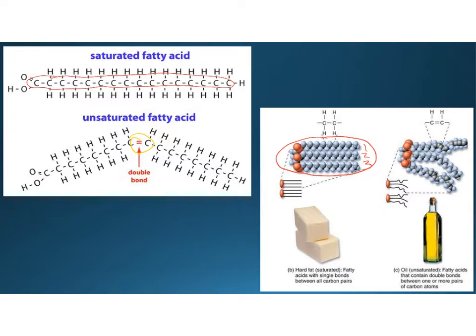Once we add in a double bond, you'll see that these fatty acid tails get these bends in them. So you see here how these ones have these bends going down the tail. That is an unsaturated fat. Now, unsaturated fats are actually more healthy for you than saturated fats.